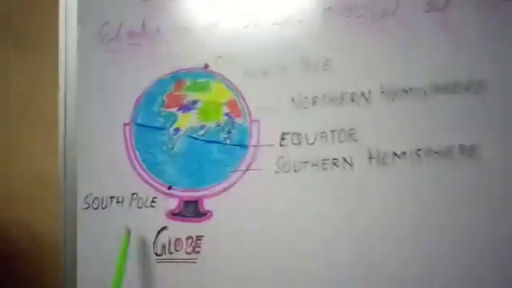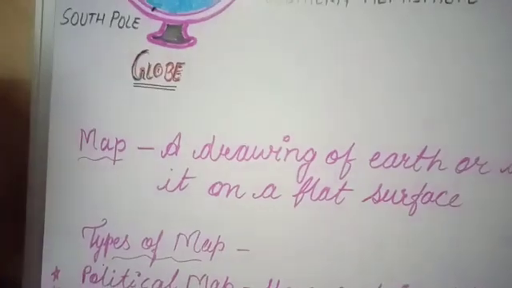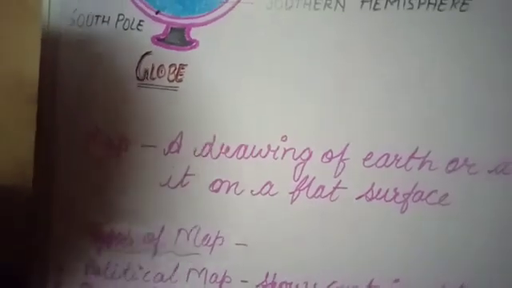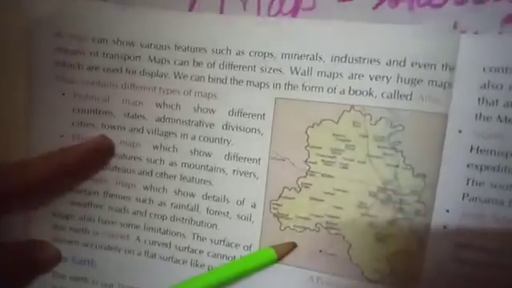Now we are coming to our next topic, that is called map. Have you seen any map? In your book, I am showing you one type of map. Here it is. In a book, this map is given as an example.